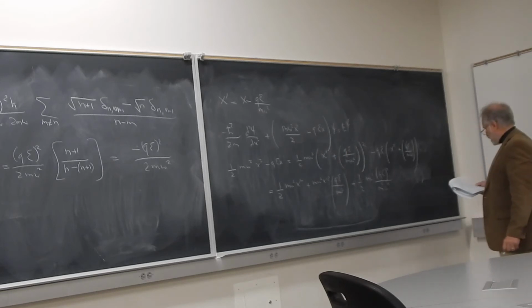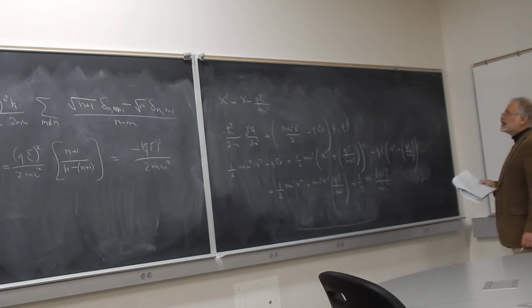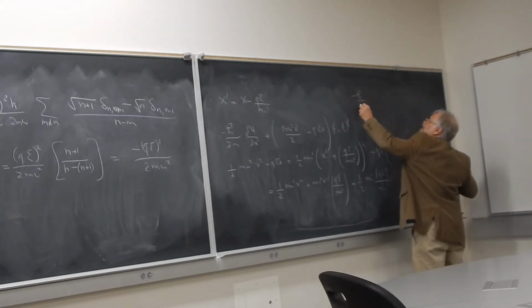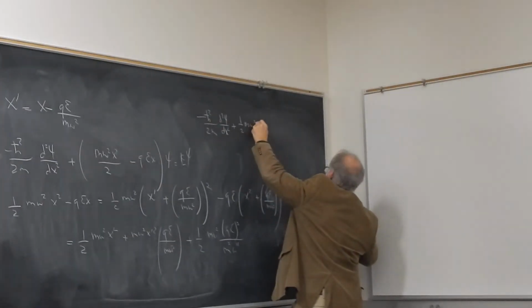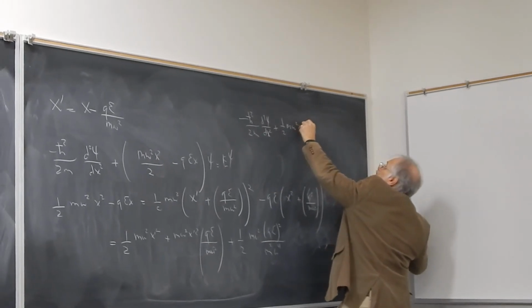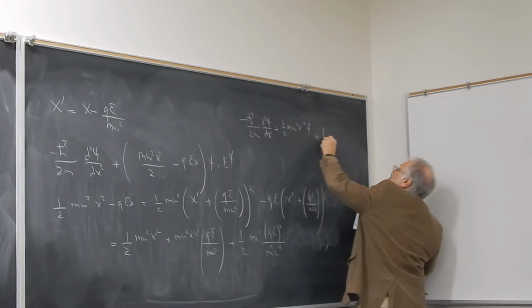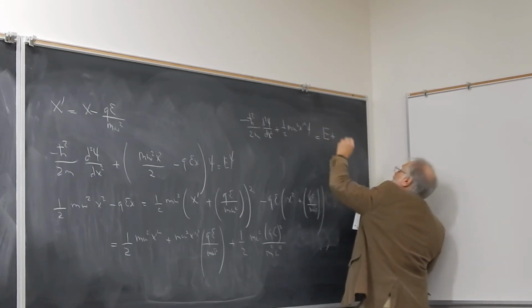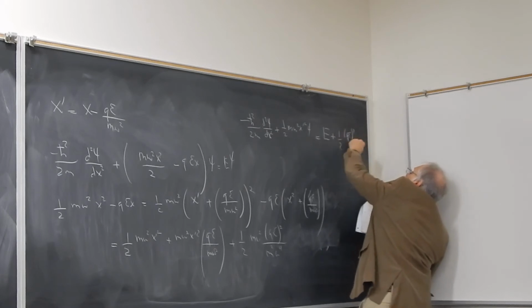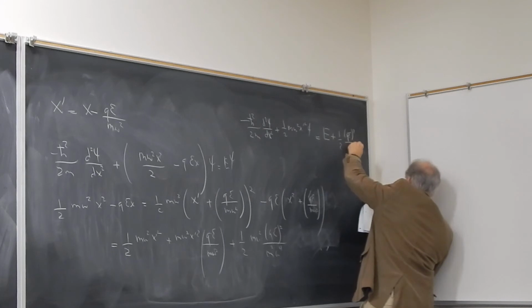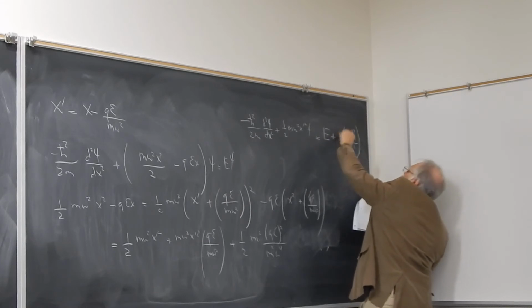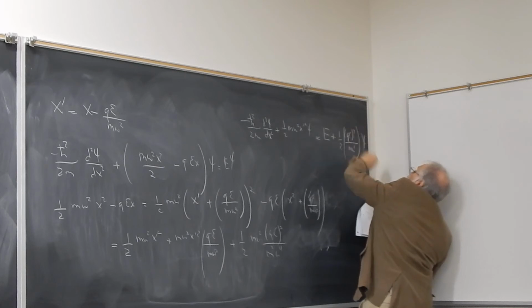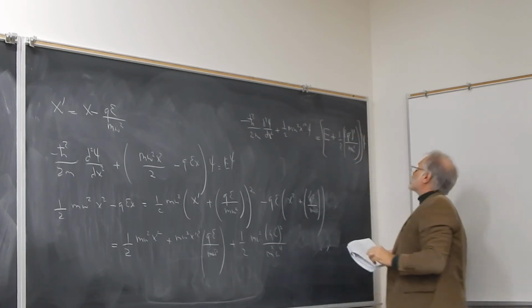Put all that together, my Schrödinger equation becomes minus h bar squared over 2m second derivative of psi with respect to x, plus 1/2 m omega squared x prime squared psi is equal to, bring the stuff to the right, E plus 1/2 (QE) squared over m omega squared times psi. So notice what happens.